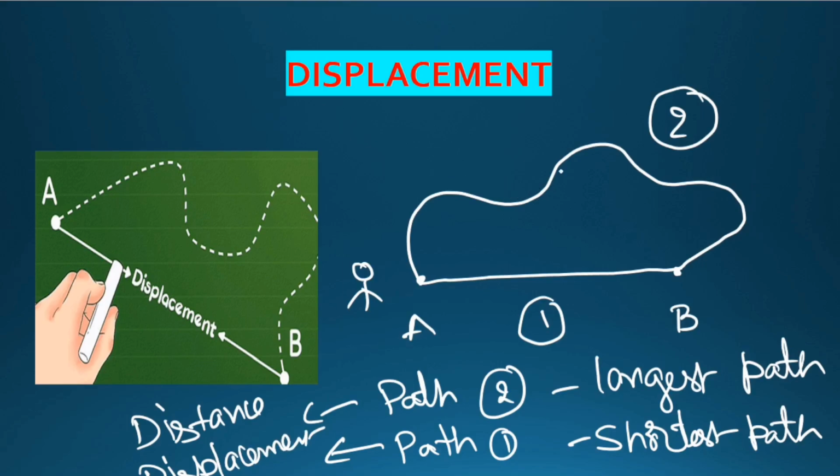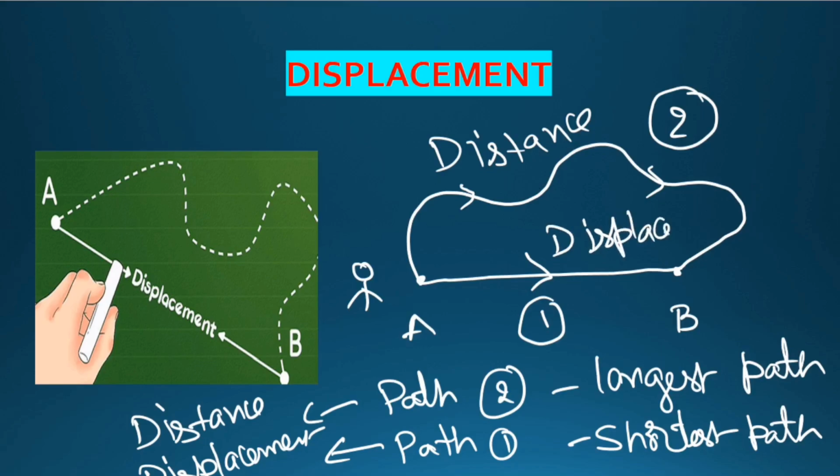See here, there is no particular direction to reach from A to B, and it is also the longest path, hence it is called distance. Now coming to path 1, there is a particular direction from left to right, and there is a shortest path between A and B. This path 1 is called displacement.